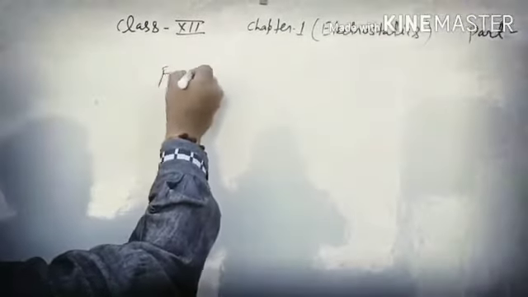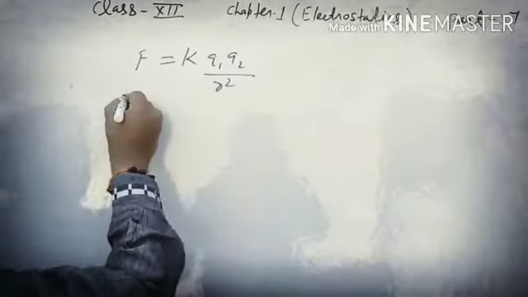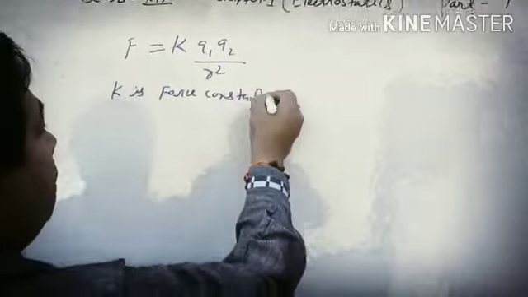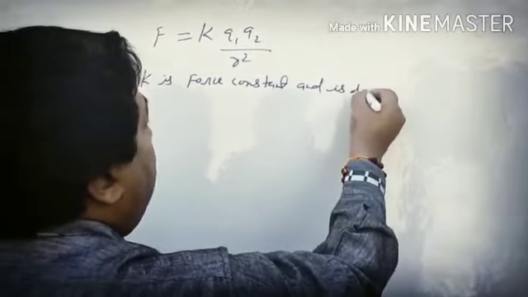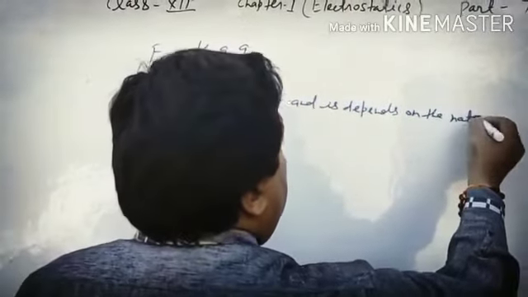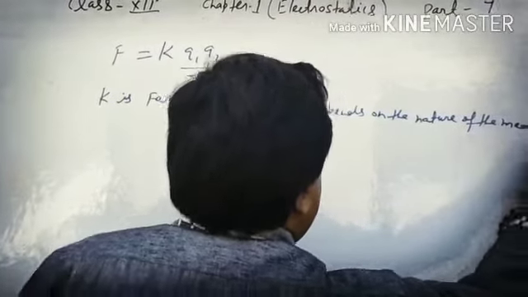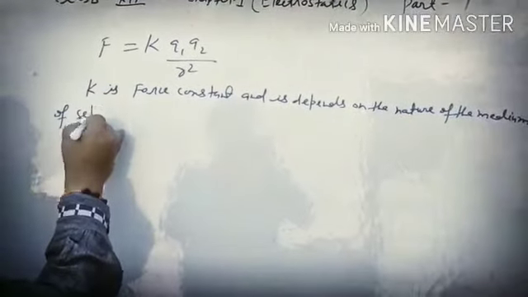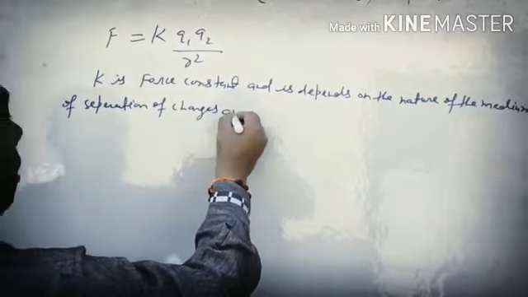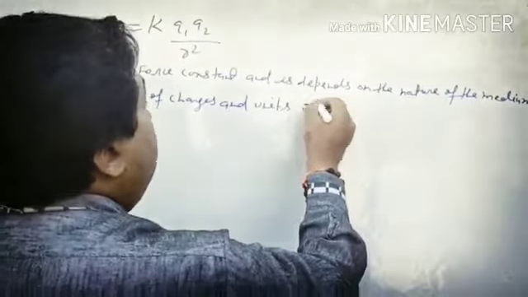The proportional sign is eliminated by a constant: F equals K Q1 Q2 by r square, where K is the force constant, and it depends on the nature of the medium, the separation of charges and the units of the system.